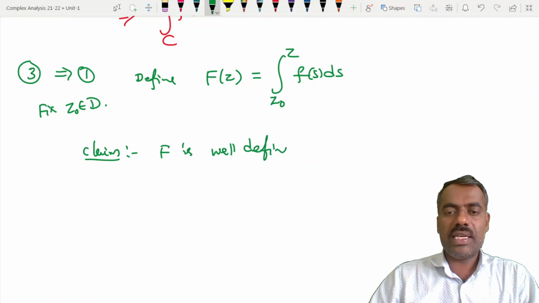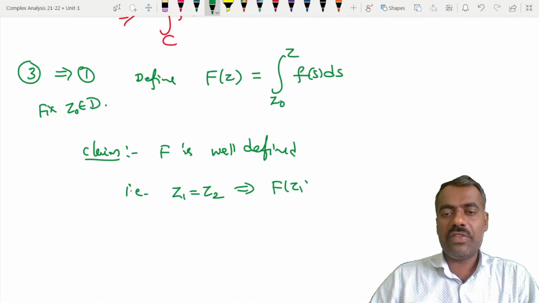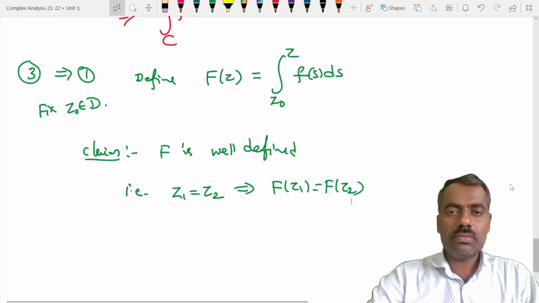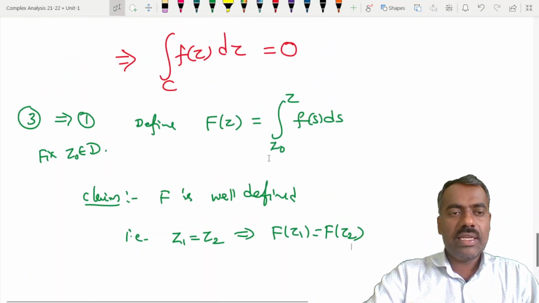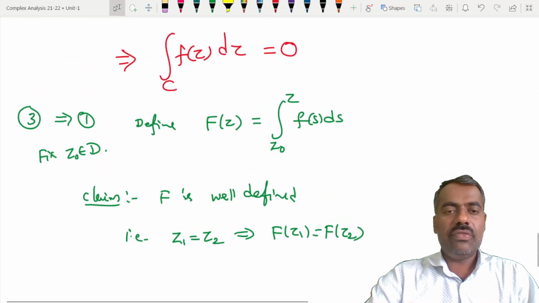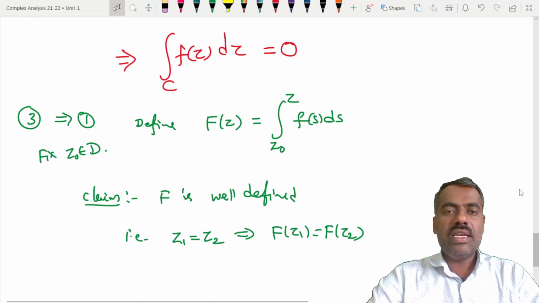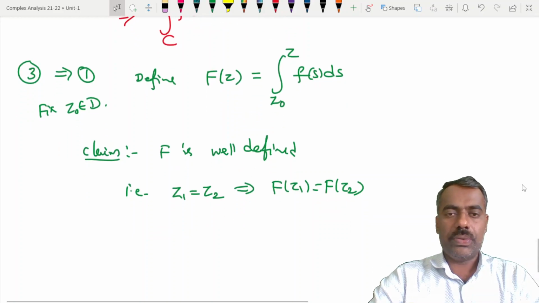What is the meaning of saying that? Whenever z1 is equal to z2, the value of F(z1) is the same as F(z2). How can we show this? Again, the third condition says that if you have any closed contour C, then the integration of f(z) over that C is 0.